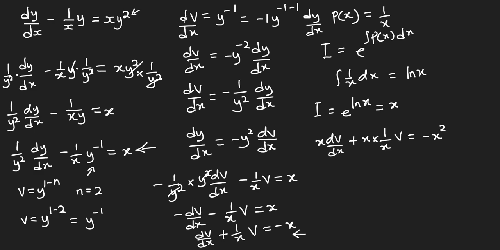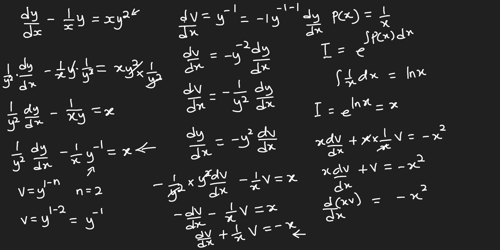When you do this, this x will cancel out this, and you're going to have x dv/dx plus v equals minus x squared. At this point, you look at the left hand side and you see that what you have there is the product rule. We are going to write it in a compact form, and that will give us the derivative of x multiplying v with respect to x, and that would be equal to minus x squared.